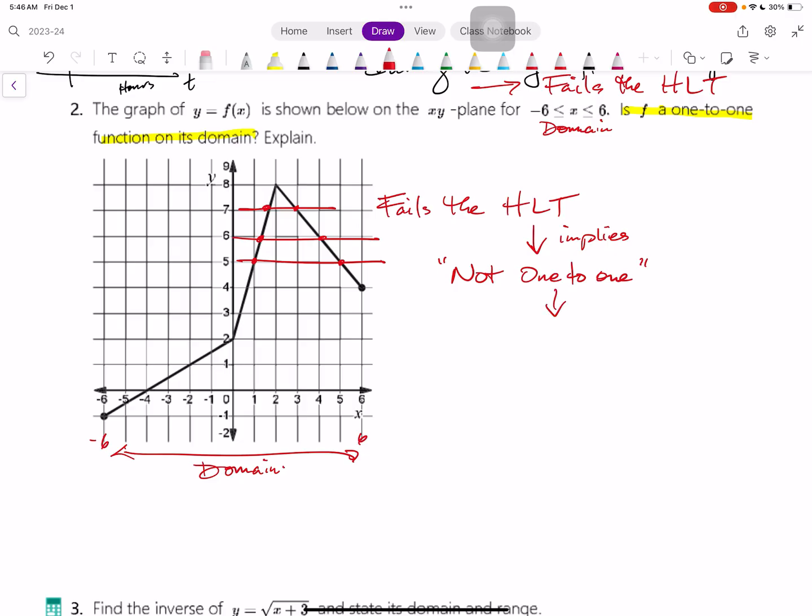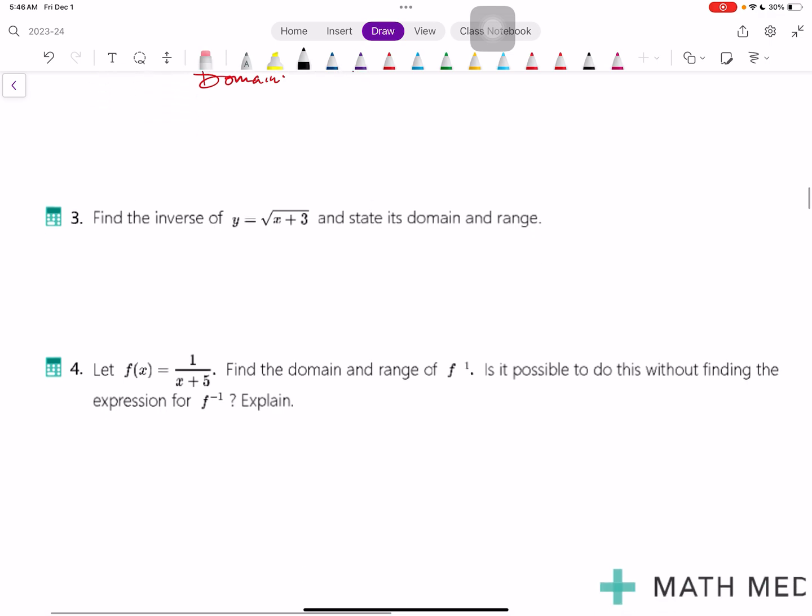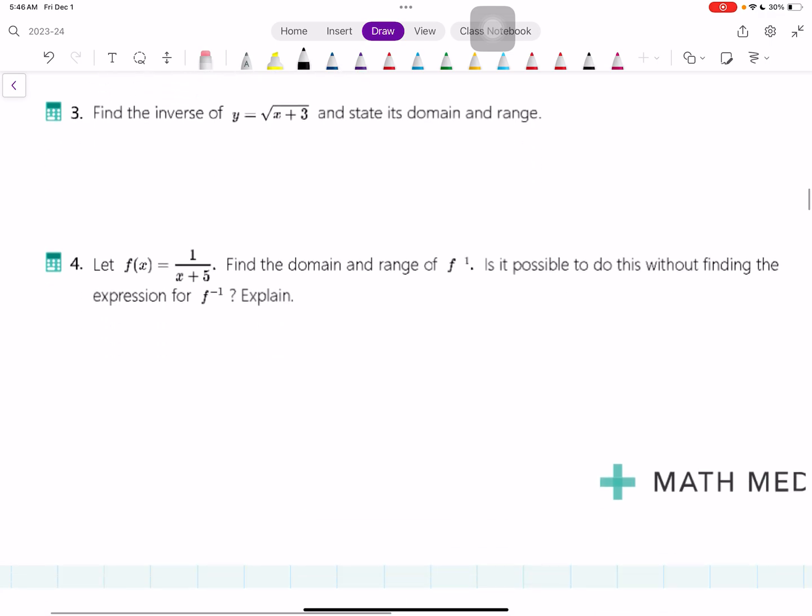That implies f inverse is not a function. They didn't ask that, but I'm telling you because you need to know that. When it's not 1 to 1, f inverse does not exist and it's not a function. You'd have to actually restrict the domain in order to make it 1 to 1. We talked about that in the lesson.